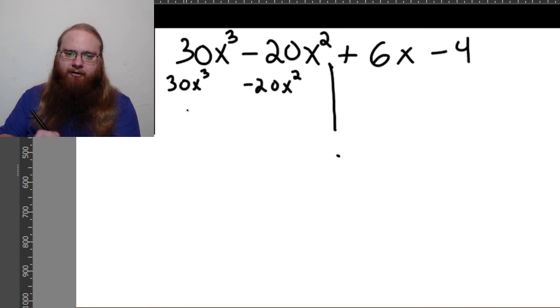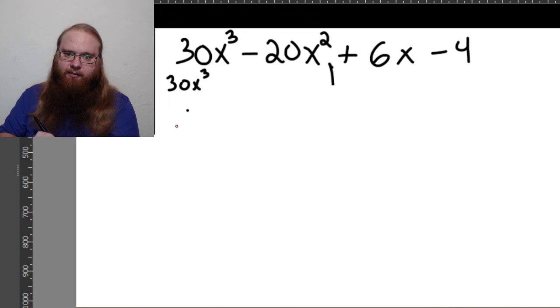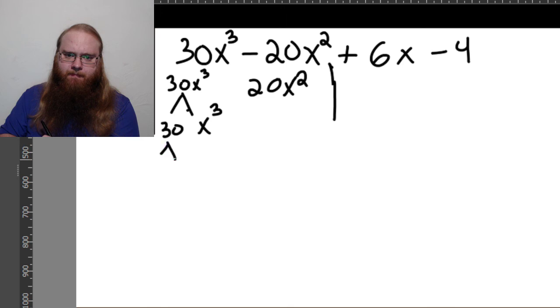So we're going to factor 30x cubed and just 20x squared, and just keep the minus sign between them. So this becomes 30x cubed. This becomes 3 and 10. This becomes 3 x's. And 10 becomes 2 and 5.